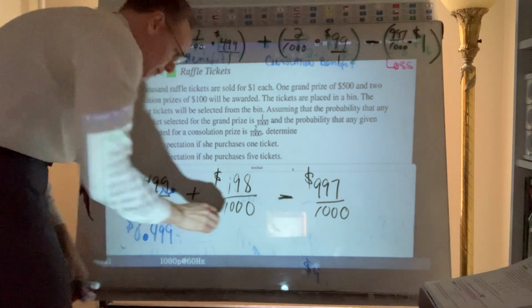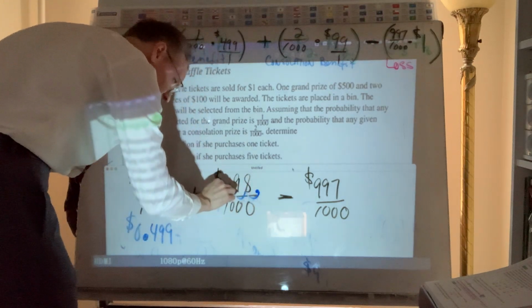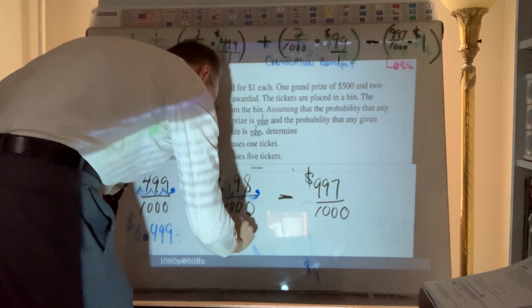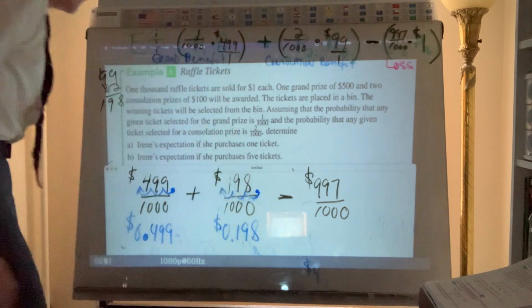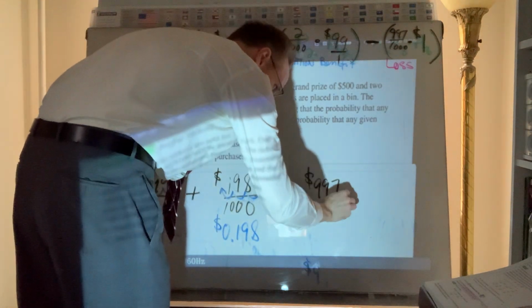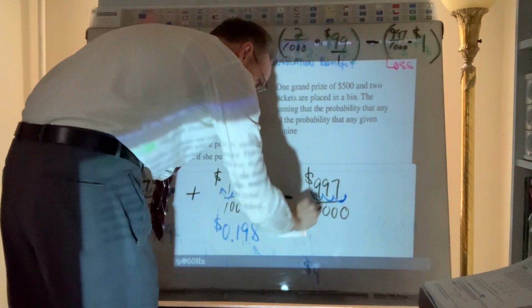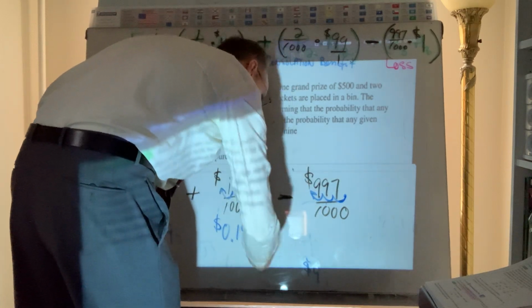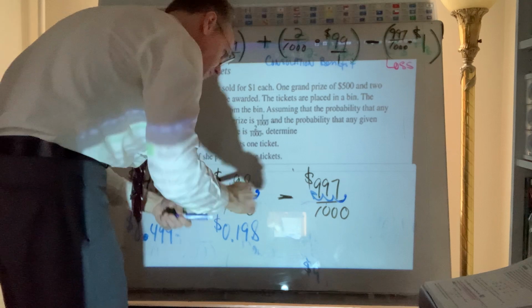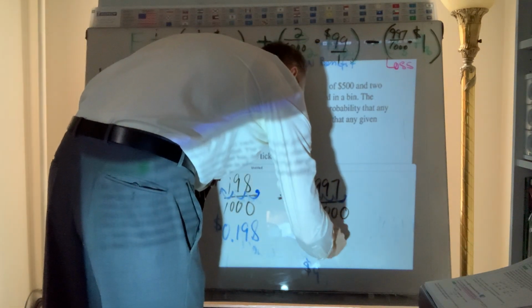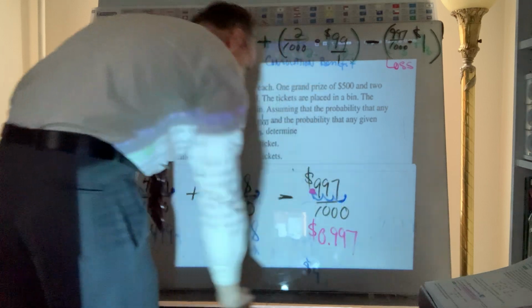Same thing here, divide by 1,000, so scoop this over 3 spaces. You'd have a fraction of a dollar of 0.198. All right, and the same thing essentially here. Dividing by 1,000 has the effect of moving the decimal thrice. So minus, I put this in red, sorry, 0.997.